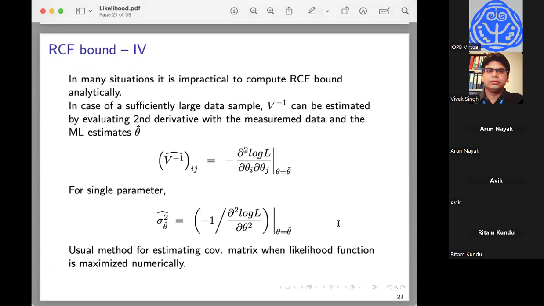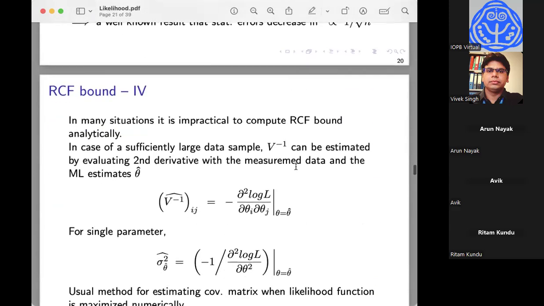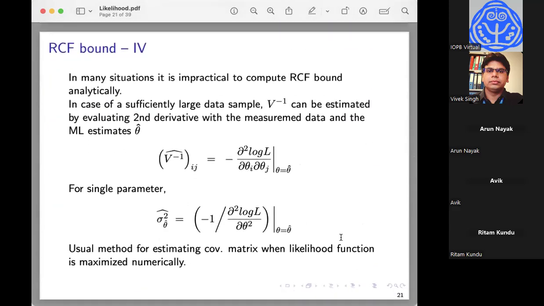Now, in many cases it is not practical to compute the RCF bound analytically, because you might not be able to compute the expectation value. So in that case, what is practically done, assuming that the data sample is large, is to take the ML estimates from the measured data and evaluate this double derivative at the value of the ML estimate.